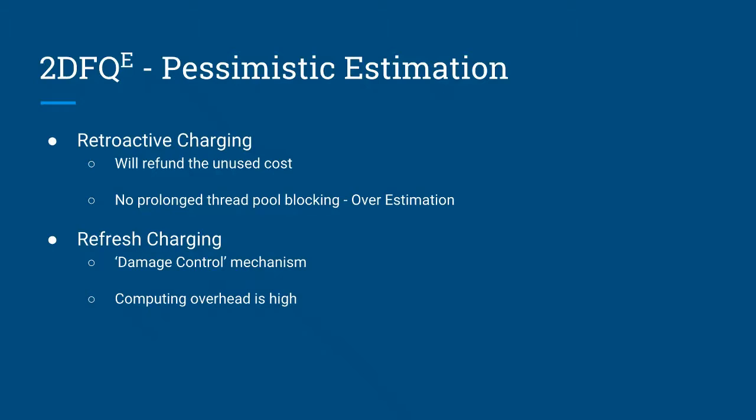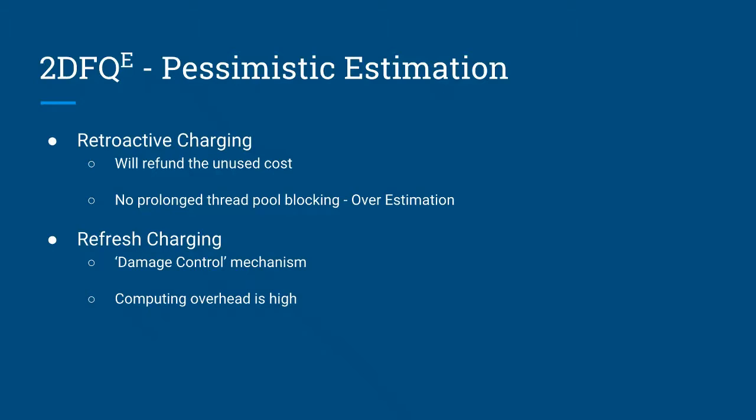Talking more about refresh charging: refresh charging is a damage control mechanism that periodically measures the resource usage of long-running requests and incorporates the measurements into the scheduler immediately. It lets us notice expensive requests quickly and charge the tenant for the excess cost while the request is still running.